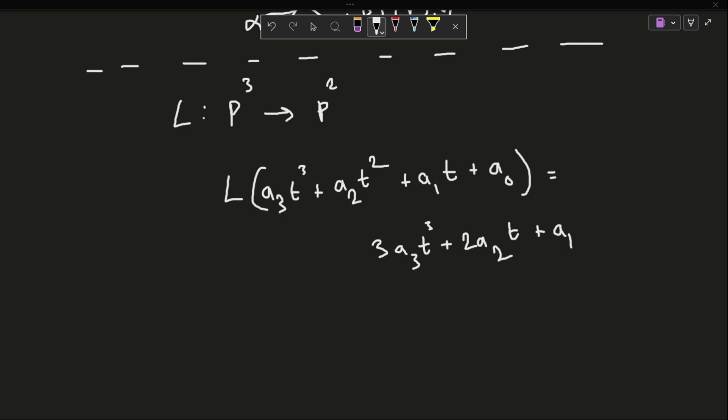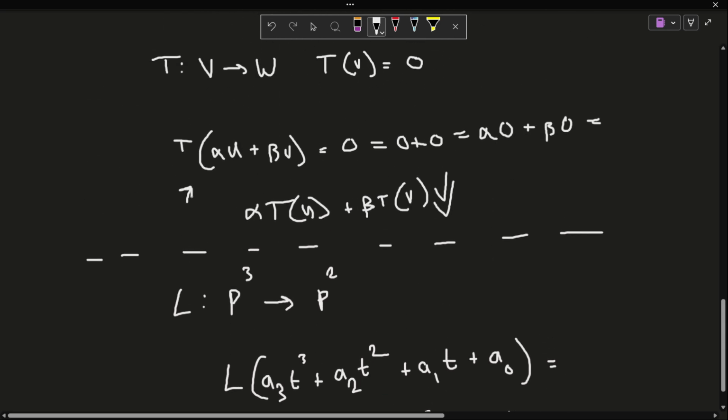And what you should get is that L is indeed linear, because what you're going to do is break apart the rule we have here.